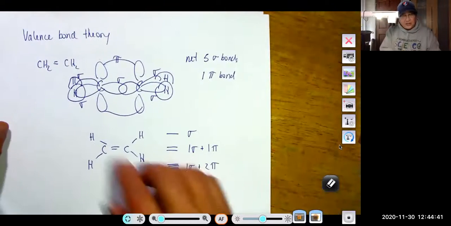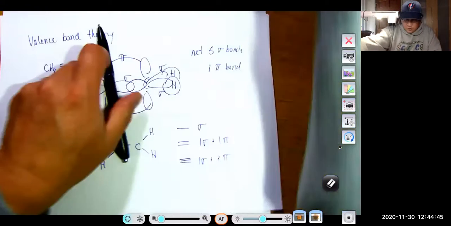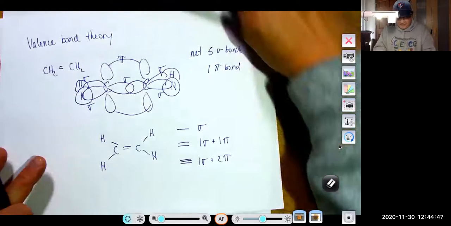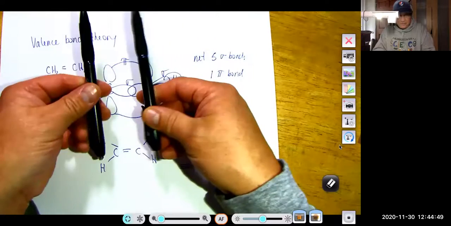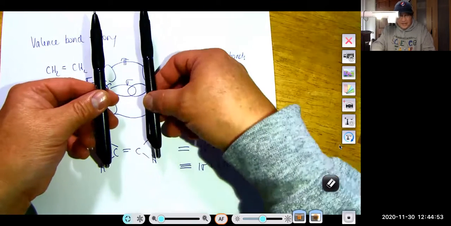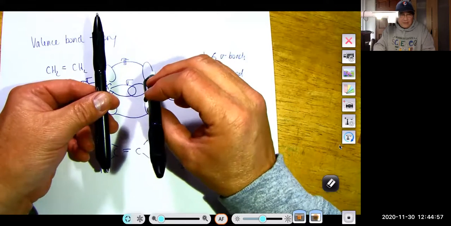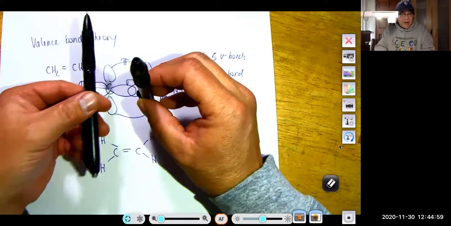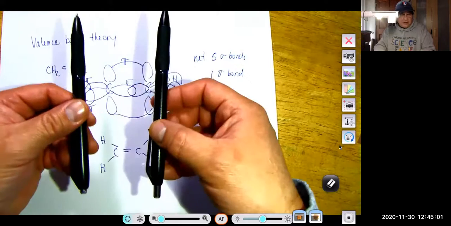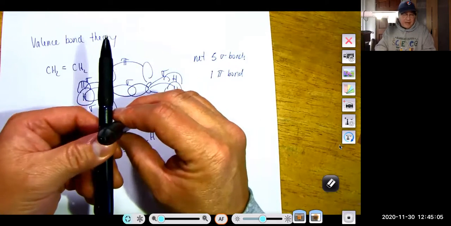So this is CH2, CH2. Notice with this pi bond, you have 2 orbitals that are like this. So what happens if you spin the molecule so that the orbitals don't line up anymore? What happens to the pi bond when they're no longer parallel? And the answer is when they're not parallel, they can't overlap. And if they can't overlap, there's no bond.